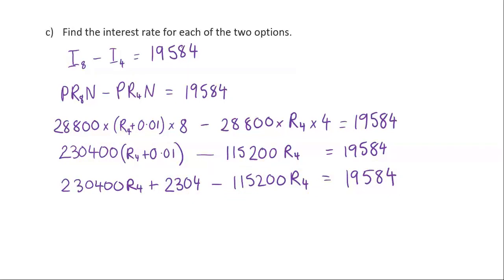So now we need to collect up our R4 terms over here, and get the other terms over this side. So this term here, $2,304, we can subtract that from this side. 2,304 minus $2,304.